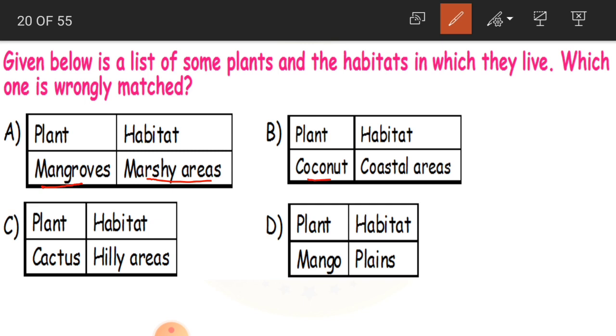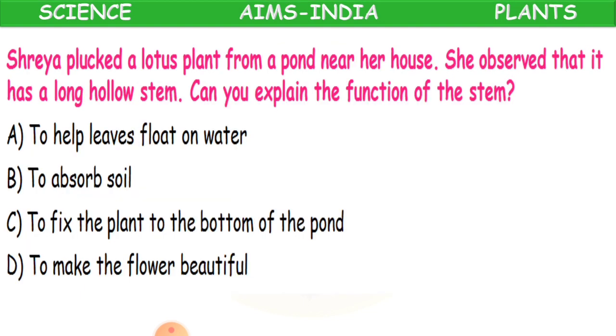Coconut grows in coastal areas. Cactus, hilly areas. Mango, plains. So which is the one that is wrongly matched? Yes, that is C, cactus in hilly areas. Cactus grows in which areas, children? They grow in the desert areas. So that is why C is the correct answer.